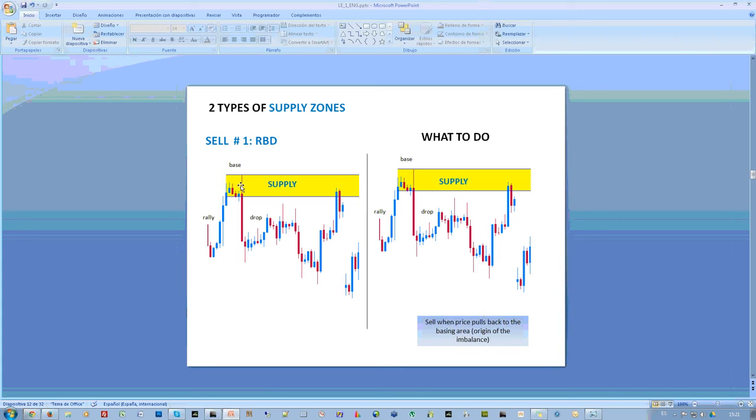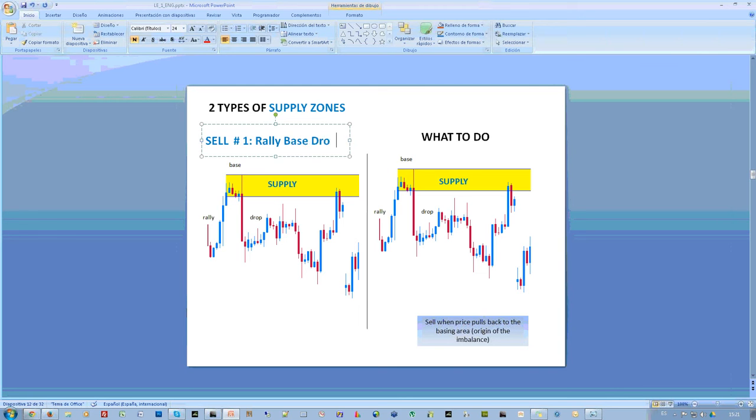So what do we do when we find such levels? We have to sell when price pulls back to that basing area, the origin of the whole imbalance, of the whole drop, as you can see over here. This is one of the levels. This is the rally base drop.